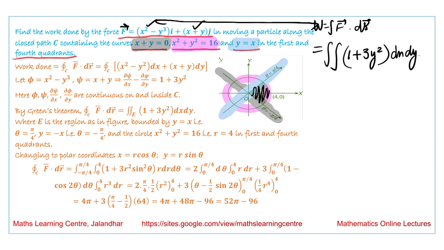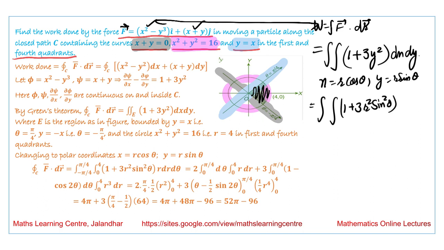Now if we convert it to polar coordinates, we substitute x is equal to r cos theta, y is equal to r sin theta. So this integral will become double integration 1 plus 3 r square sin square theta into r dr d theta.